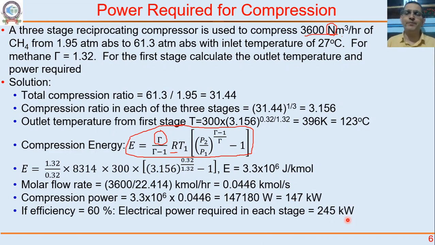You see, just to give you a comparison, if you had the same flow rate and the same change of pressure for water, let's say 61.3 minus 1.95, about 60 atmosphere is the change of pressure, 60 bar.